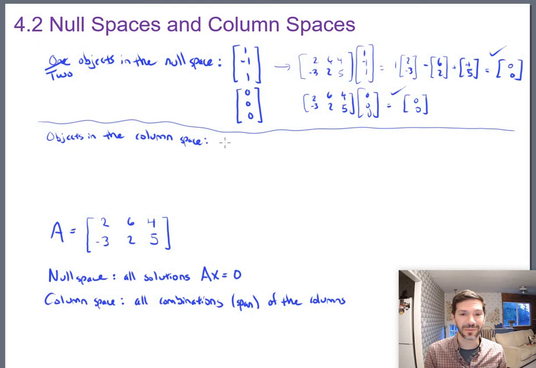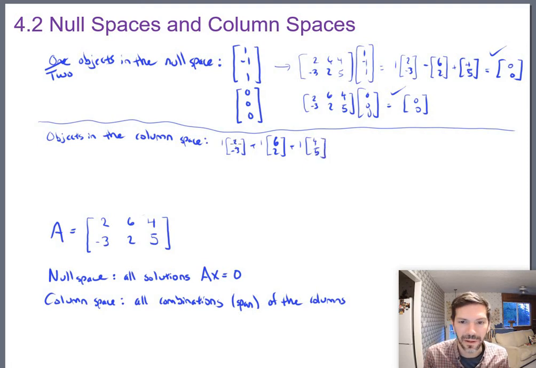So one object in the column space would be one of the first column plus one of the second column plus one of the third column.